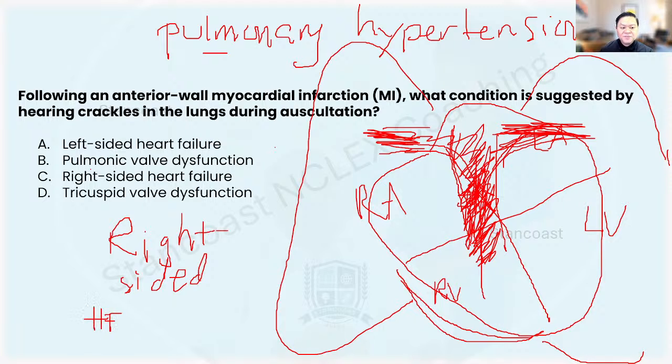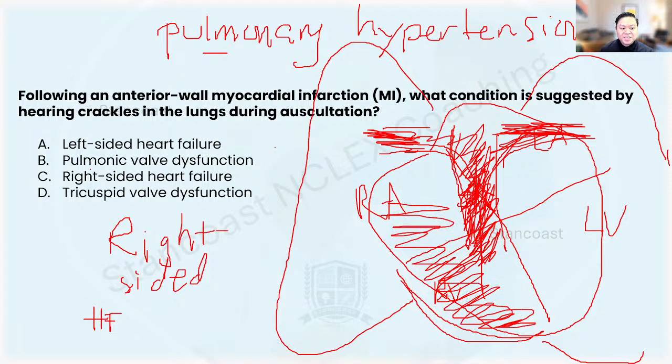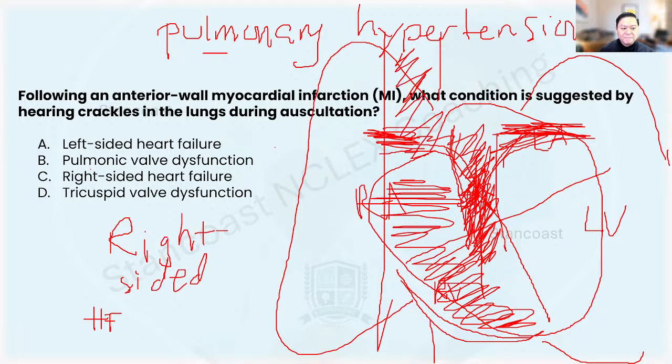So the manifestations here are very different compared to left-sided heart failure. Because again, if the right side of the heart is the problematic part, there is that congestion into the right side of the heart. Again, congesting into the right atrium, it will also congest the largest, or this big vein right here, the vena cava.